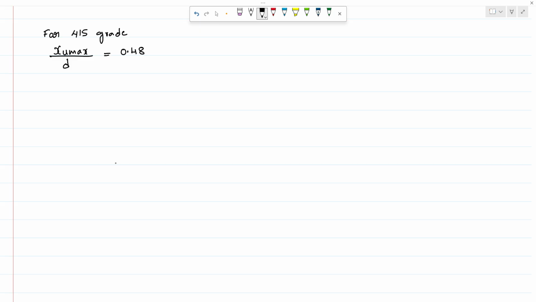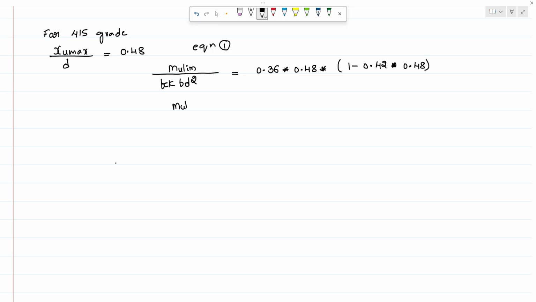So again your equation 1 becomes Mu limit divided by fck bd square equals 0.36 multiplied by the xu max by d value 0.48 multiplied by 1 minus 0.42 into 0.48.